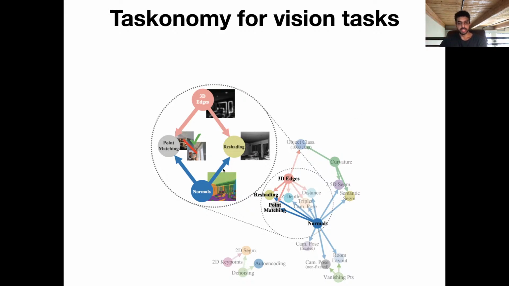So in this example, it's showing that having a model that's fine-tuned for the task of detecting surface normals and also detecting 3D edges benefits other tasks like reshading or point matching. So we would like to do that for NLP as well.